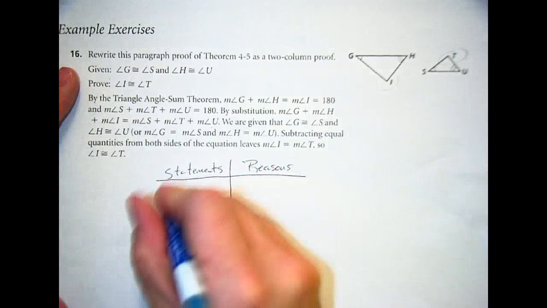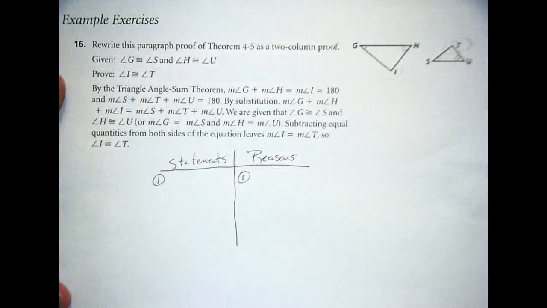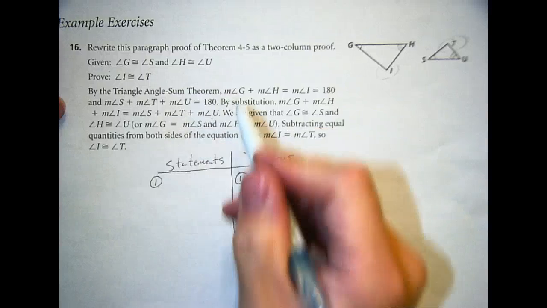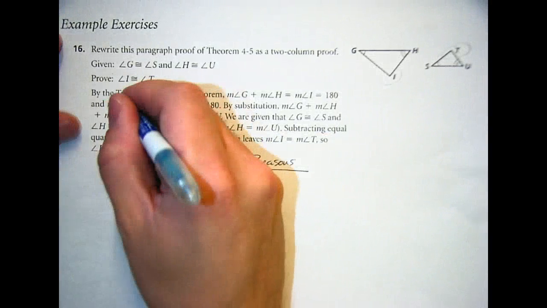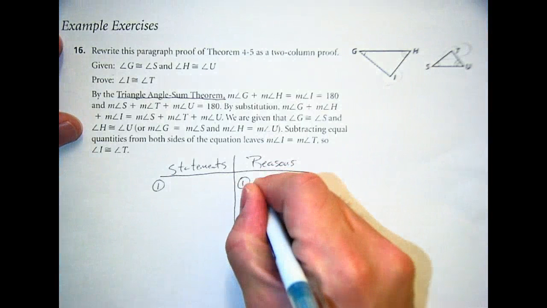All right, so right now, I need you to figure out the first statement, the first reason. Go ahead and tell your neighbor what it is. Okay? What do you got? Triangle angle sum theorem, is that what this is? That's actually your reason. So what's the statement that goes with triangle angle sum theorem?